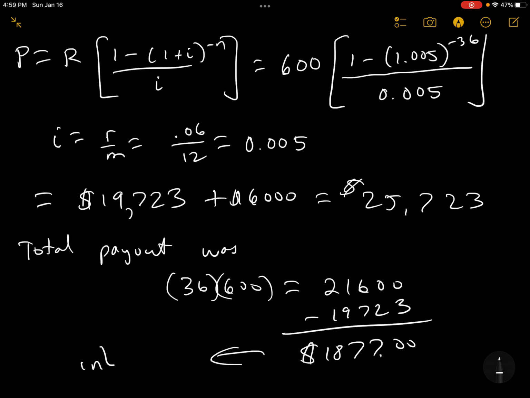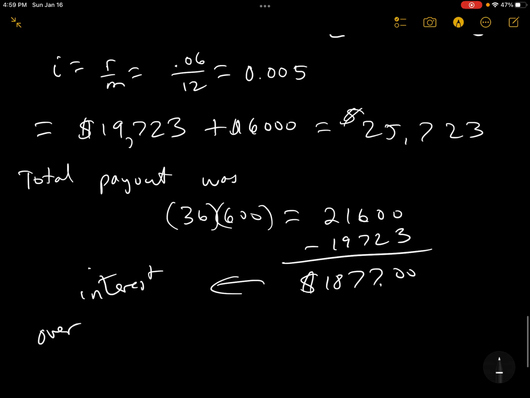So this is how much you paid in interest over 3 years.